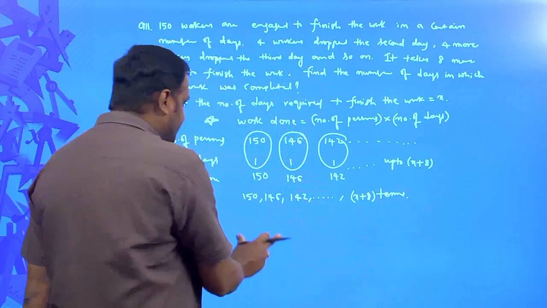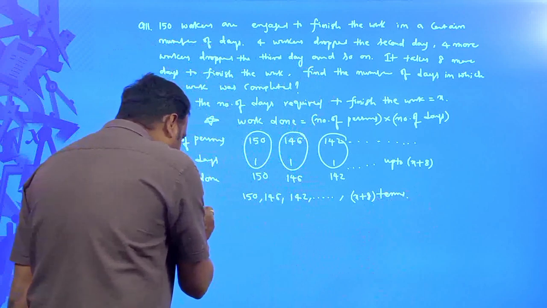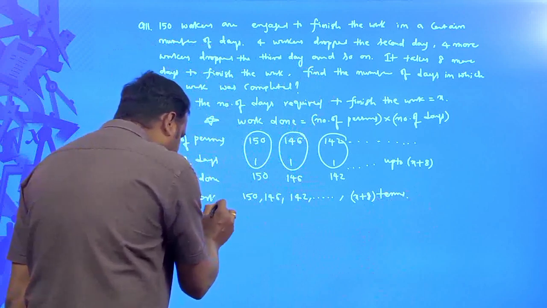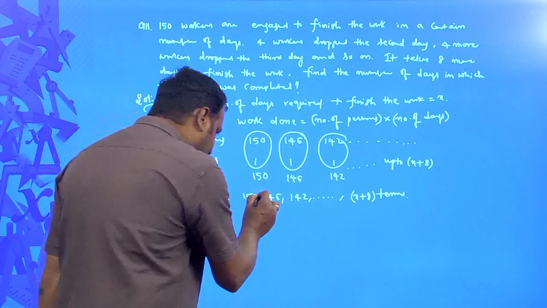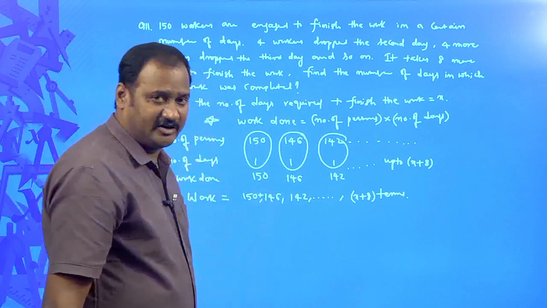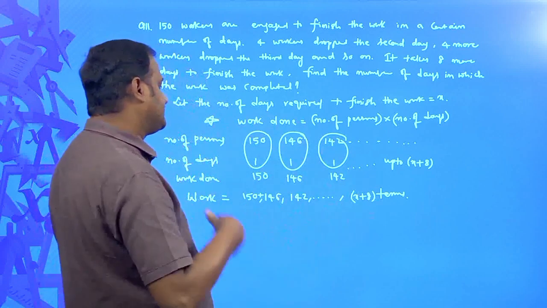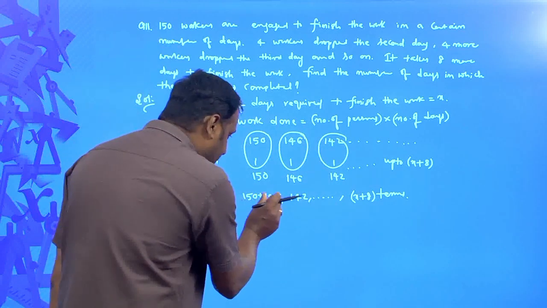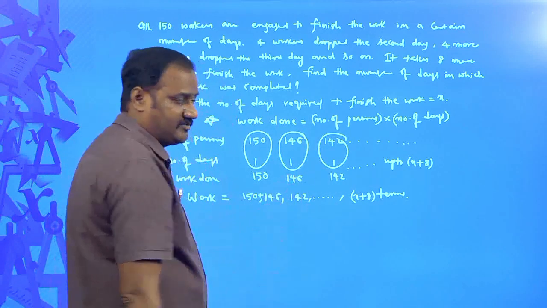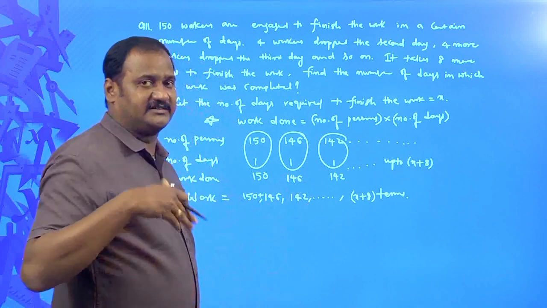You understand? This is how I am going to find out the work done. So, the work done is equal to 150 plus 146 plus 142, and so on. I do not use commas now, because 150, 146, 142 are all pieces of work. This is one part of the work, this is one part of the work, but I am going to calculate the total work.